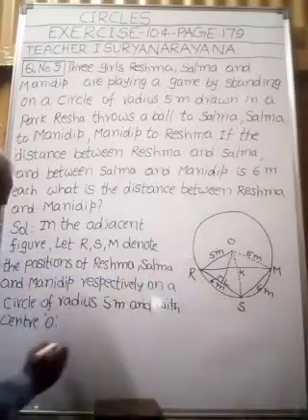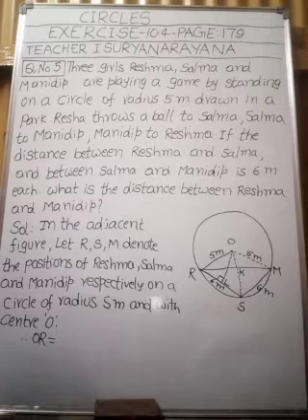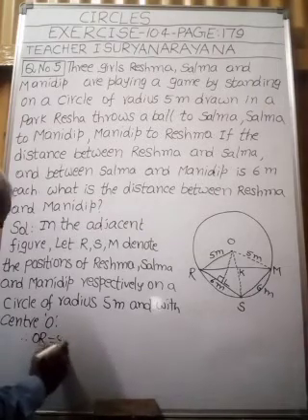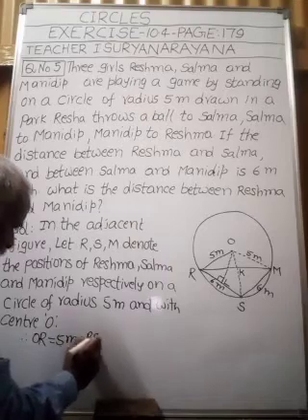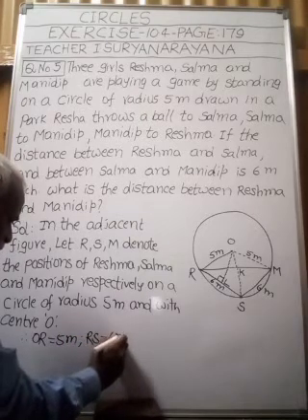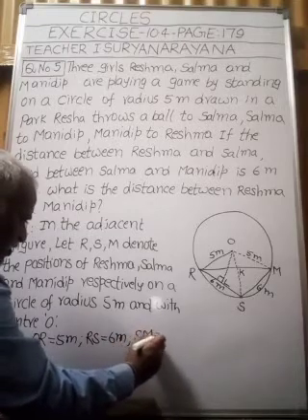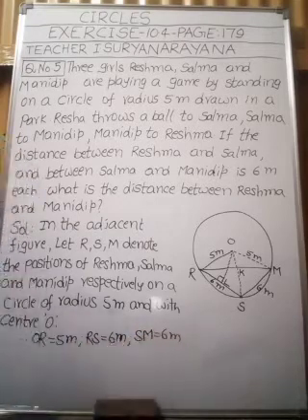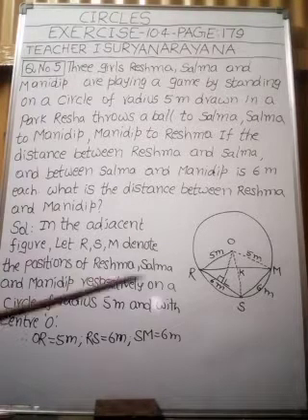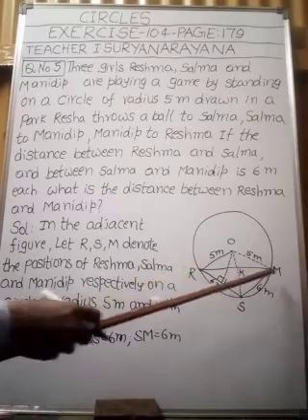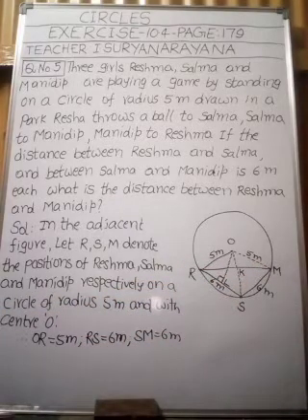OR is radius. Yes or no, my children? Therefore, OR is equal to 5 meters. RS is equal to 6 meters. SM is equal to 6 meters. This is the given data. We have to find the length of the line segment RM, the distance between Reshma and Manideep. Understood this point, my children?